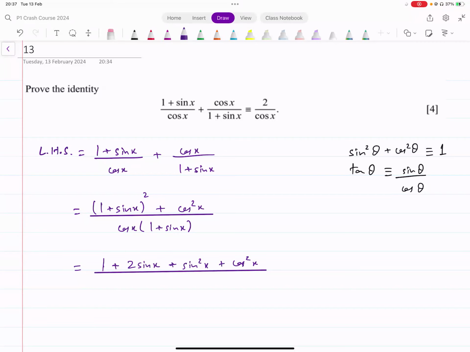Now remember what I said, you should not try to simplify the denominator very early in your working, because you have to look out for opportunities to cancel out something. And if you look at the final result that you want at the end, that's 2 over cos x. So what you need in the denominator is just cos x. So you want to somehow get rid of 1 plus sin x.